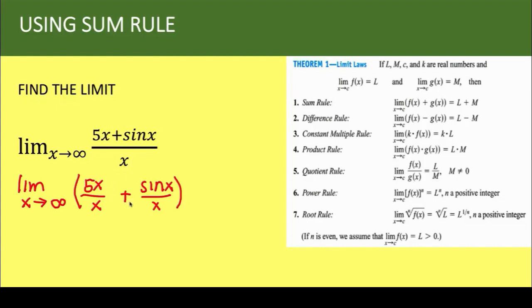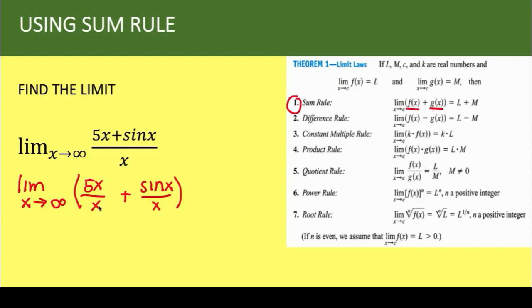Now this form is similar in form to the sum rule, where 5x over x is our f of x, and sine x over x is our g of x. And the sum rule says we can get the individual limits of each of these terms, and the limit of the sum is equal to the sum of the limits.